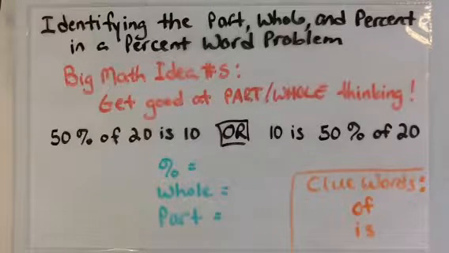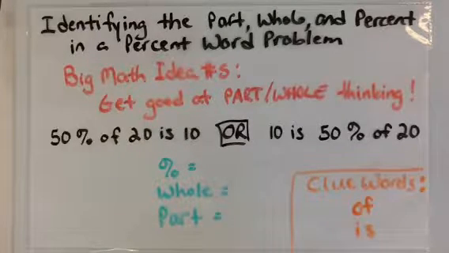Now, what I mean by part-whole thinking is this. If we can go back to the example problem that I presented in the very first lesson of this percent unit, the problem that I made up was that I had 20 students enrolled in my program, and that 50% of them were present on a particular day.